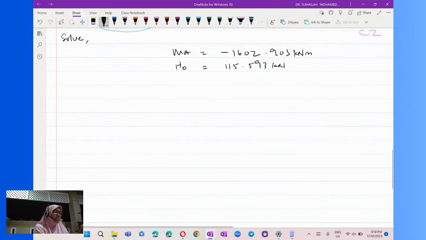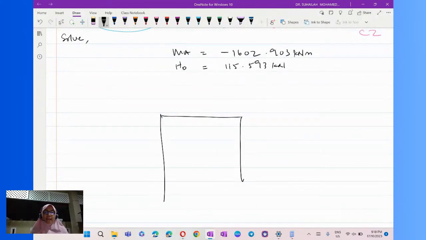This means this is the actual frame. In the actual frame, this is pin and roller.